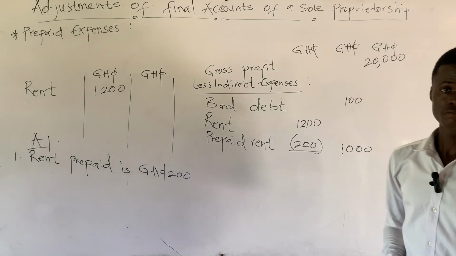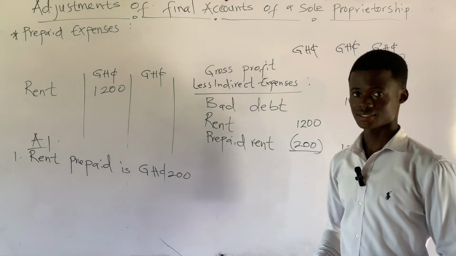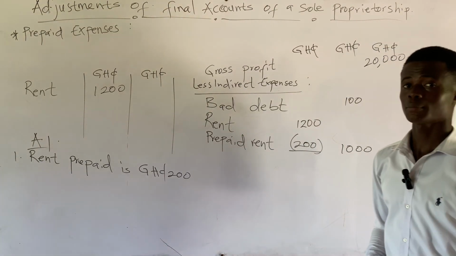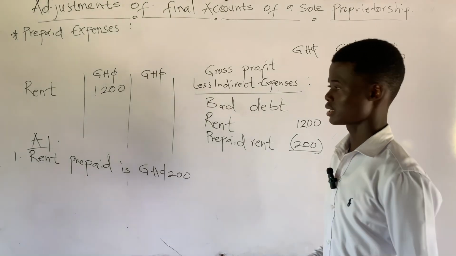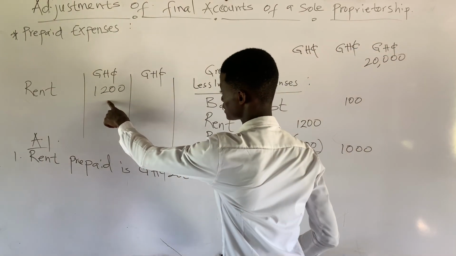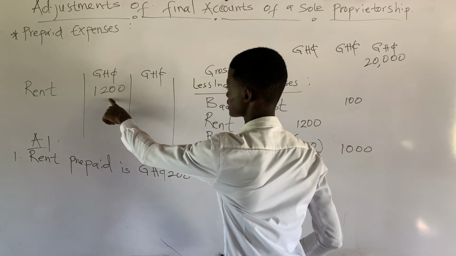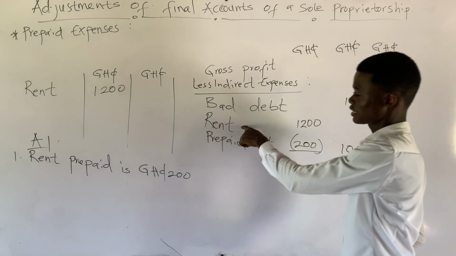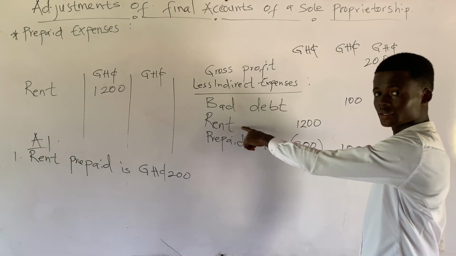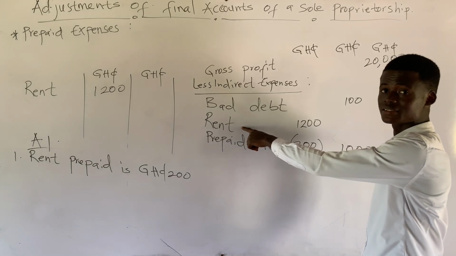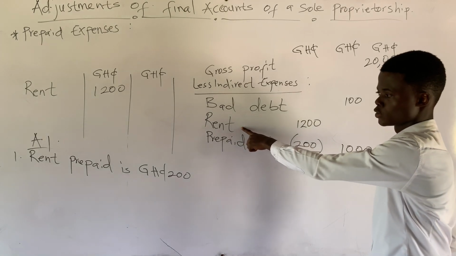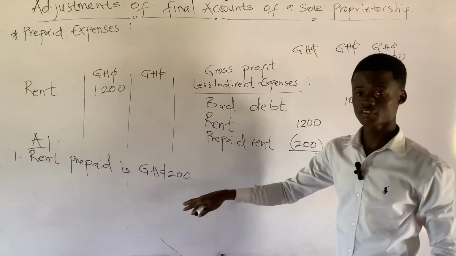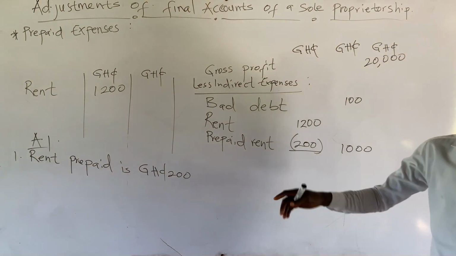Items in the additional information need to be treated twice, but items in the trial balance need to be treated once. So this rent expenses paid, which is the one on the trial balance, has been treated once, and thus it has been treated here. So we are done with the rent expenses paid. So it's left with the second treatment of the prepaid expenses or the prepaid rent.